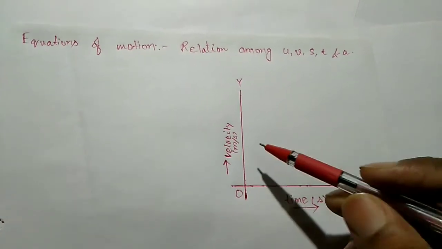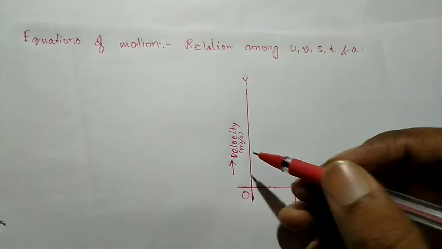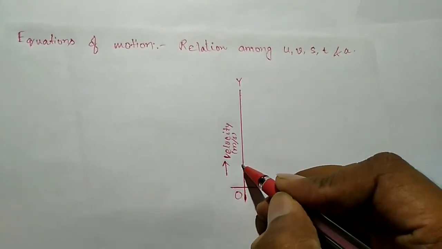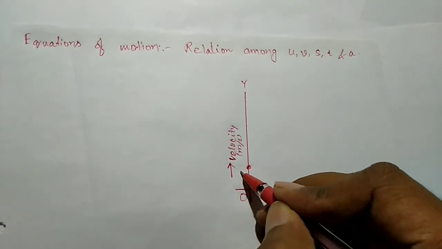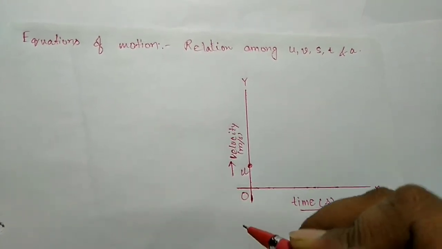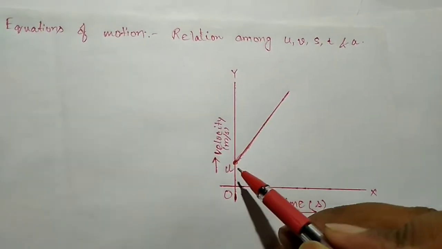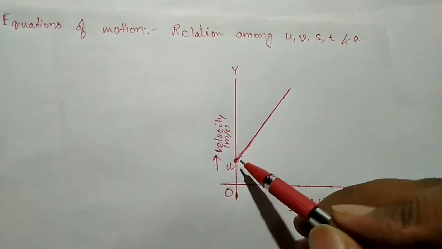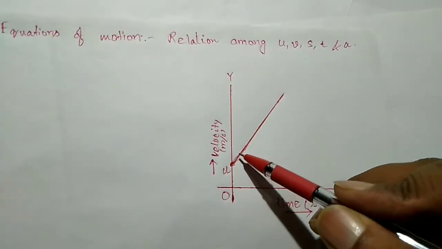So I am considering that this is the axis for the velocity, and that the object is starting with some initial velocity. Suppose this initial velocity is u, and traveling with the initial velocity u, the object is performing accelerated motion, meaning the velocity is increasing.